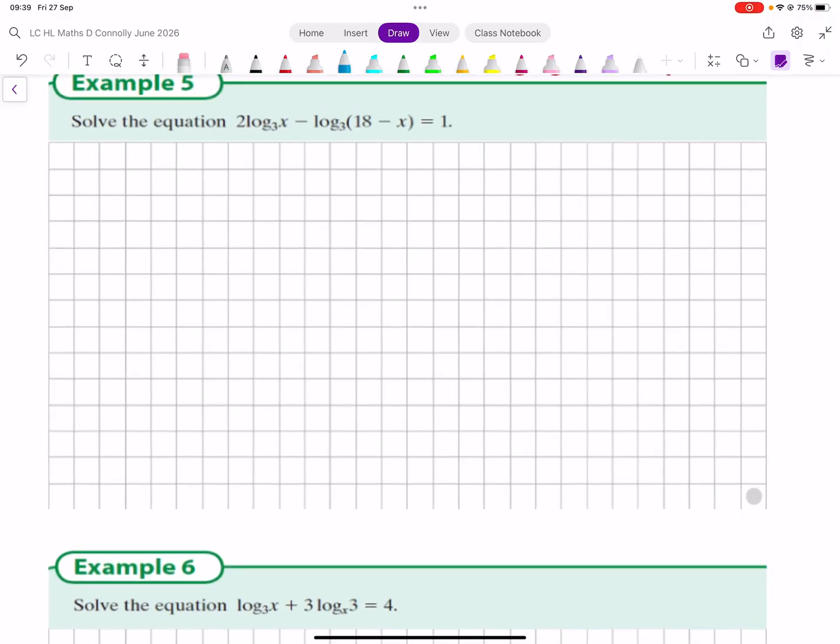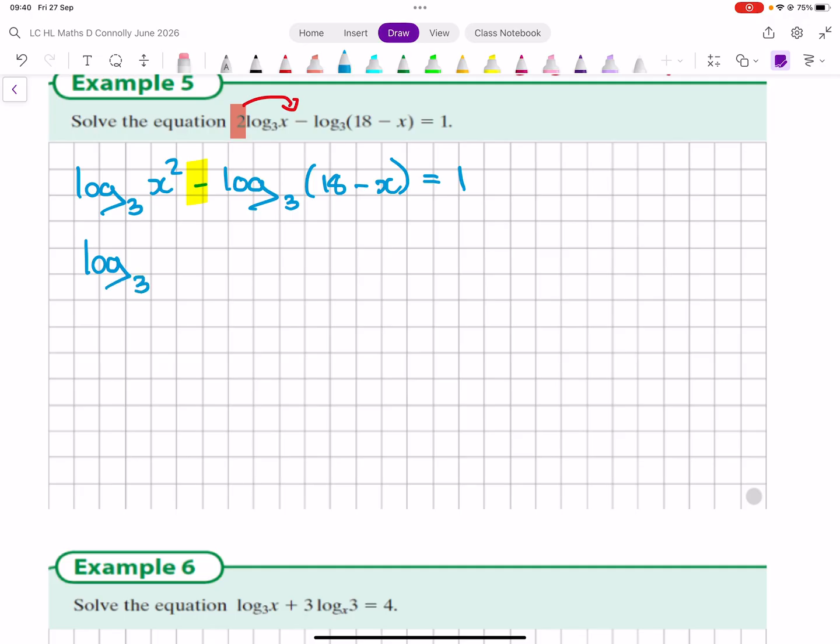Okay, this one. This looks a bit easier. So bring this to the back again. So we get log to the base 3 of x squared minus log to the base 3 of 18 minus x equals 1. This is a subtraction which we turn into a division.